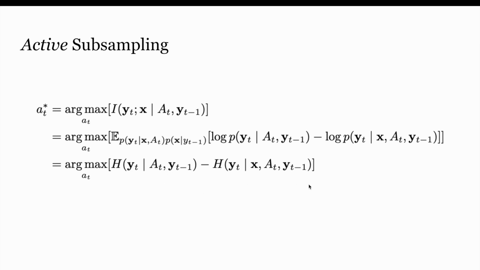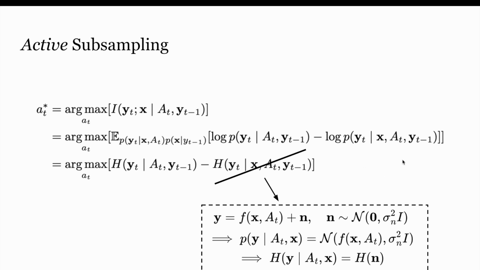The second term actually cancels out. This is because of the measurement model that we've chosen. As I mentioned earlier, we assume that the noise is independent of x and that the measurement model is otherwise deterministic. With a Gaussian distribution on the noise, for example, we find that the distribution of y given x is just a normal distribution centered around the measurement resulting from x. In the MRI case, for example, x would be an image of some anatomy, like a knee, and y would be the Fourier transform of that.